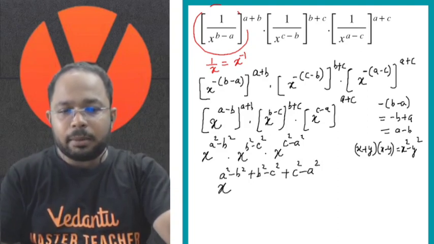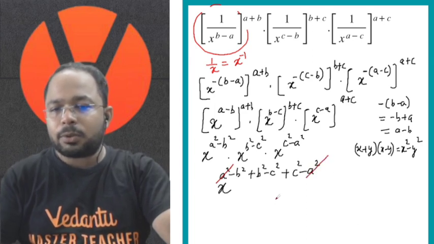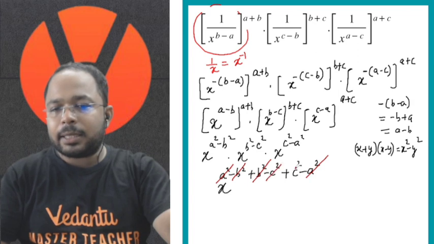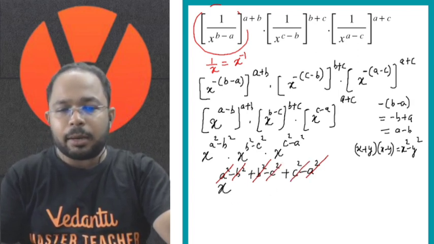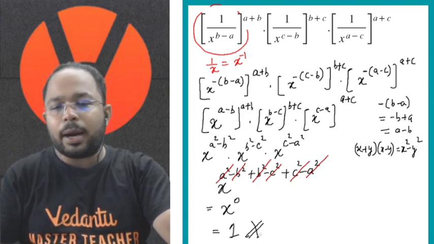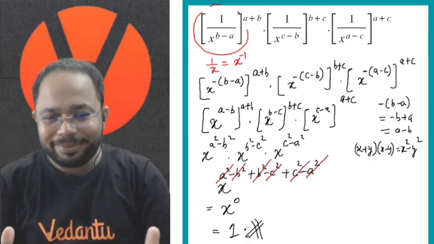Look how amazing this has become: a square cancels with minus a square, minus b square plus b square cancels, minus c square cancels. So what is left? We are left with x to the power 0, and anything to the power 0 is 1, so we get the right answer as 1.